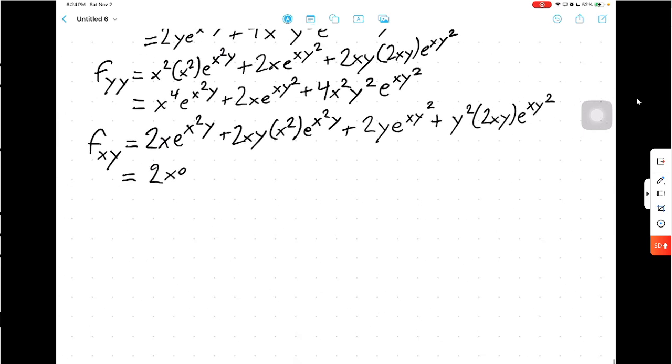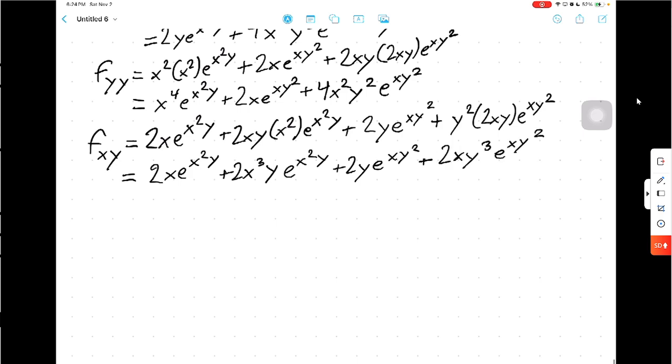So we get 2x e to the x squared y plus 2x cubed y e to the x squared y plus 2y e to the xy squared plus 2xy cubed e to the xy squared.